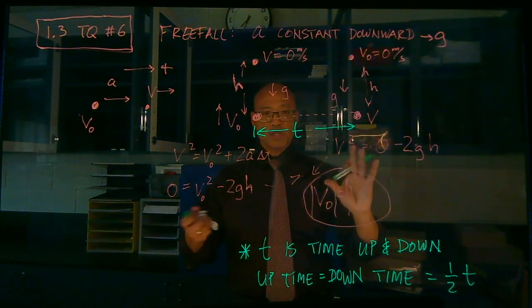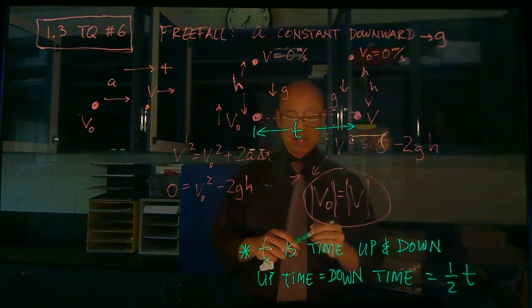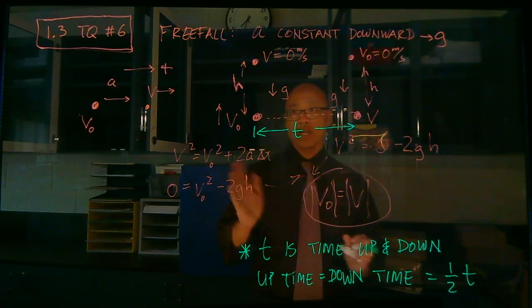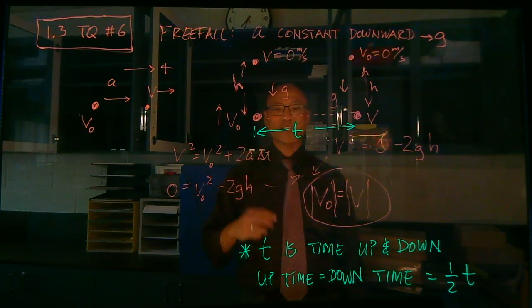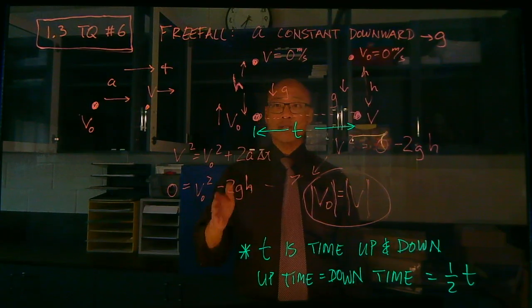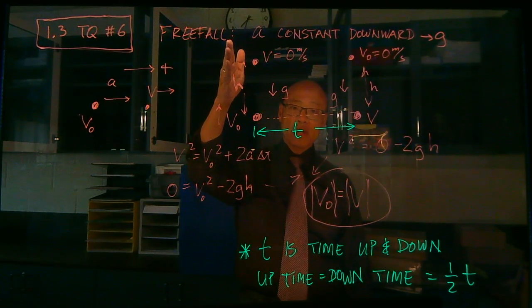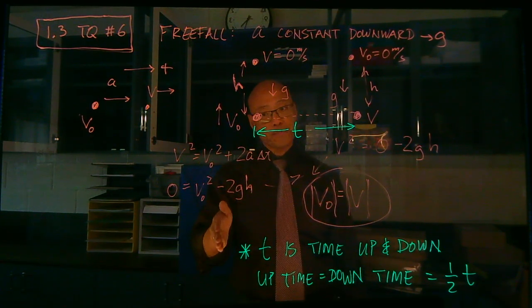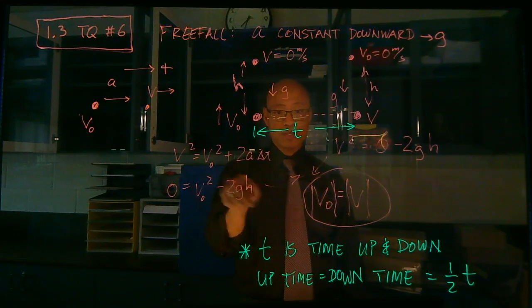So there's a symmetry, right? If you just look at my up and down motion, in the absence of air resistance, which we'll get to later, the amount of time it takes me to go up should be the amount of time it takes me to go down because of these identical conditions.